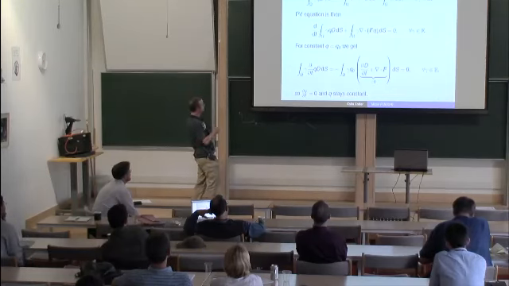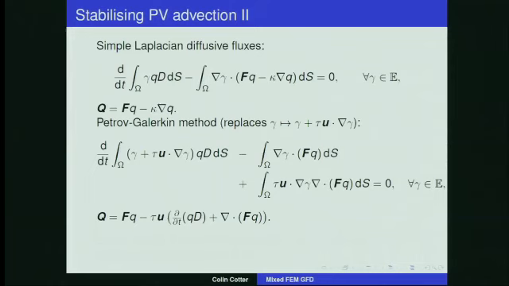So I just follow the standard continuous Galerkin kind of stabilization approach where I just shove an extra dissipative flux in here. And there are certain ways to do this, which I also don't really have time to tell you about either. So the Petrov-Galerkin method is what I'm using here, which is very closely related to the anticipated PV method. What you do is you replace the test function gamma with gamma plus an upwinding parameter tau times u dot grad gamma.